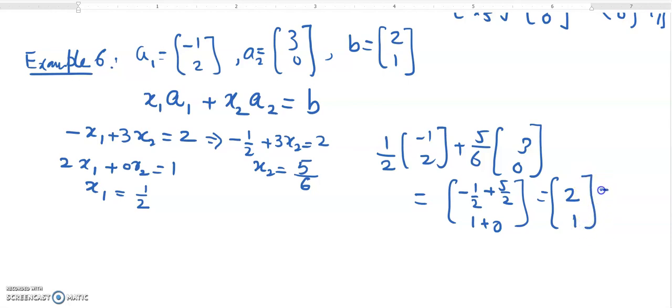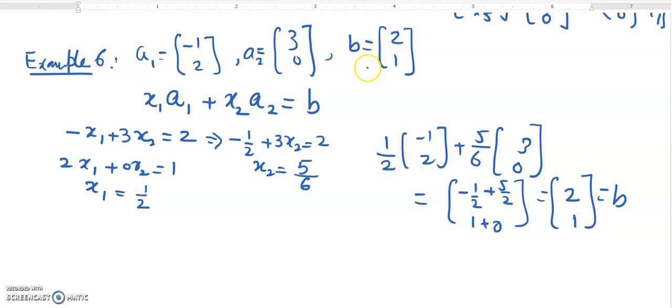So it is actually equal to b. That means a1 and a2 can be represented as a linear combination to result in b.